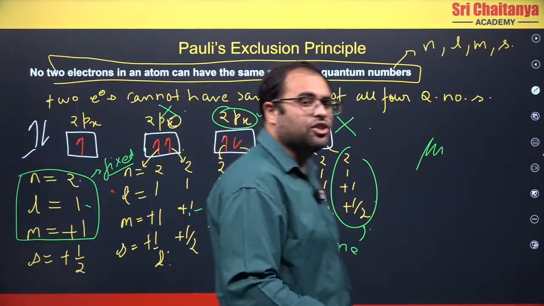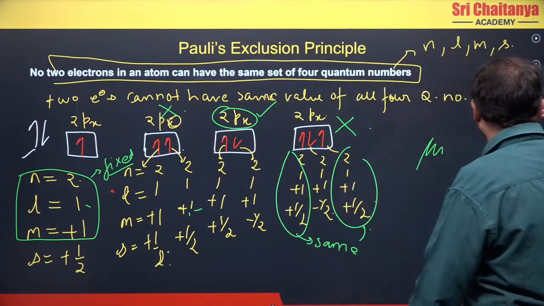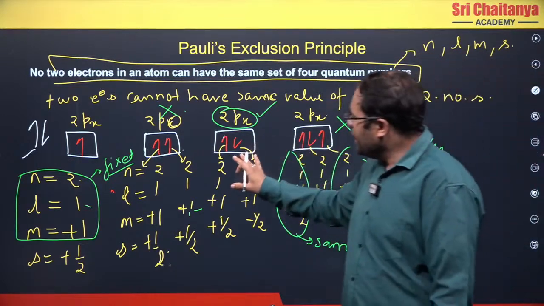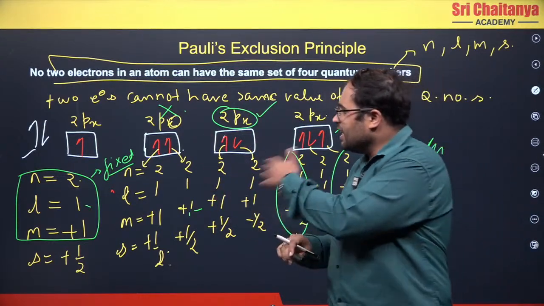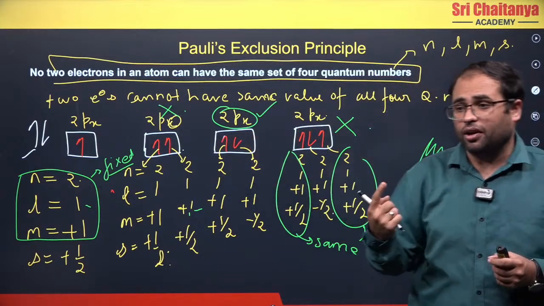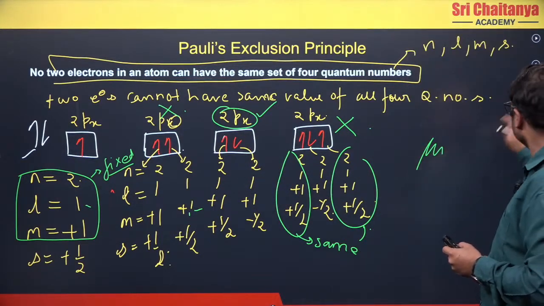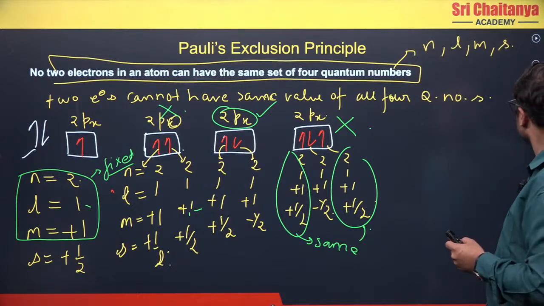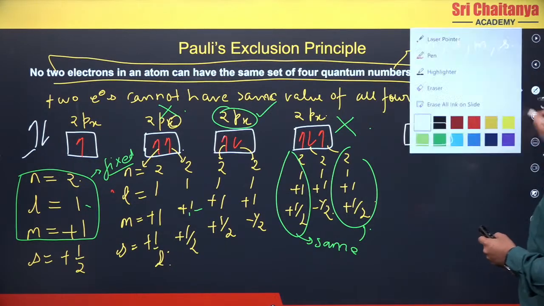So each situation you have to convert into logic. What is the logic there? Only and only this situation is possible. If I add more than 2 electrons in an orbital, there can be one more situation. Suppose one more situation for you.